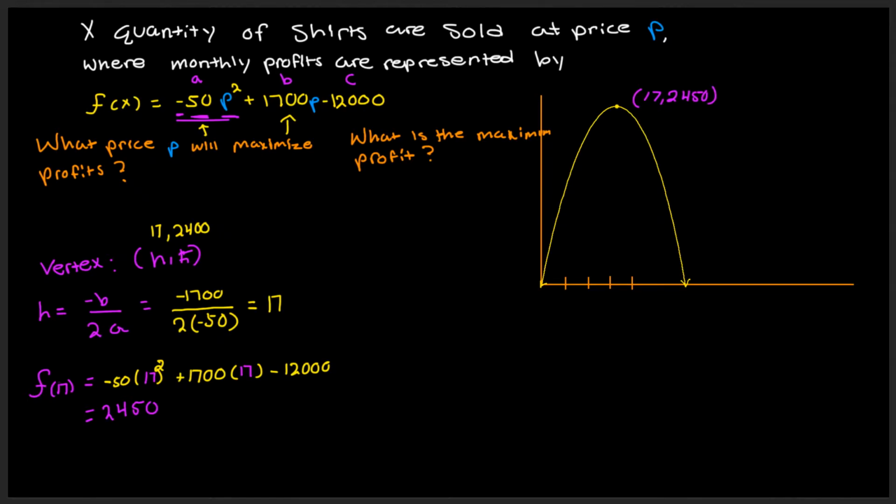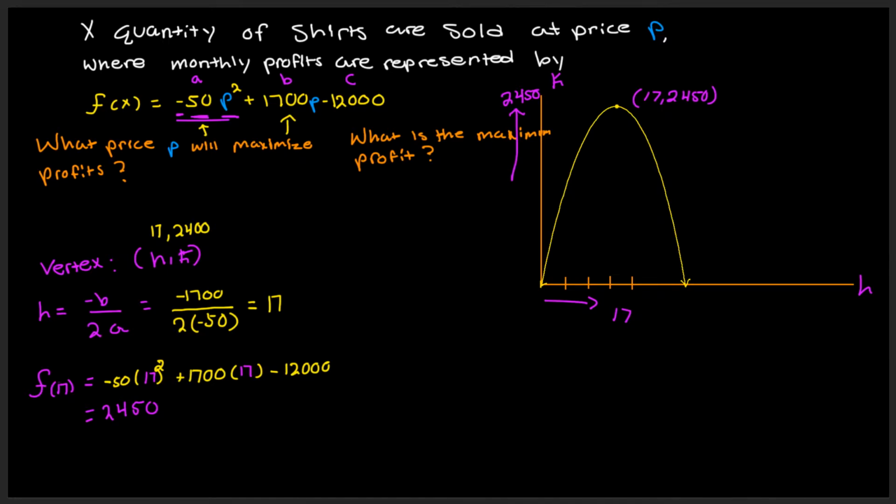So what this says is this vertex is over 17, where it reaches its maximum value of 2,450. This being our K-axis and this being our H-axis over here.